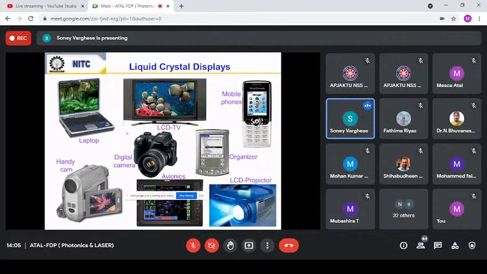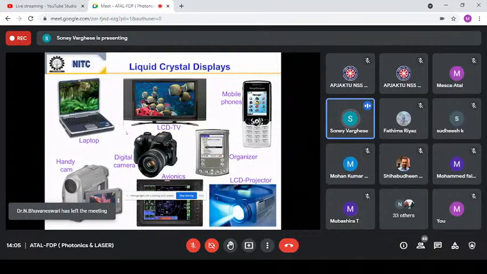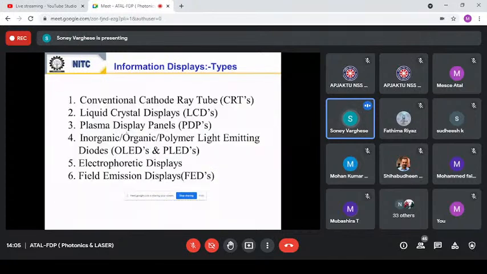From the customer point of view, these display devices are finding a huge market. And if you look at the different types of display devices, we used to call them information display devices. Whatever information is displayed, such devices we call information display devices. You can see that a variety of display devices are available.